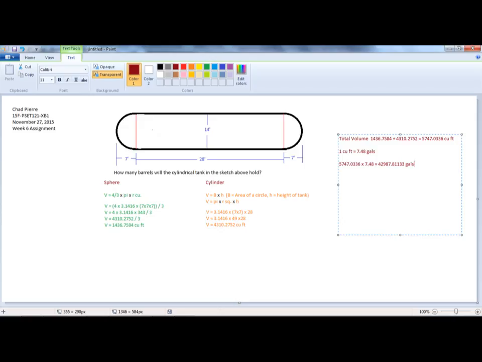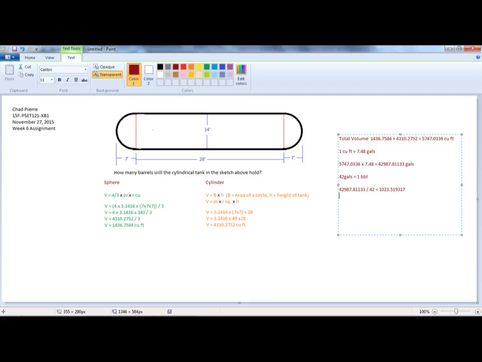But we're still not done because it wants barrels. So we convert our gallons to barrels. How many gallons are in a barrel? There are 42 gallons in one barrel, so that's simple. We just divide 42,987.81133 by 42, and that gives us 1,023.519317.